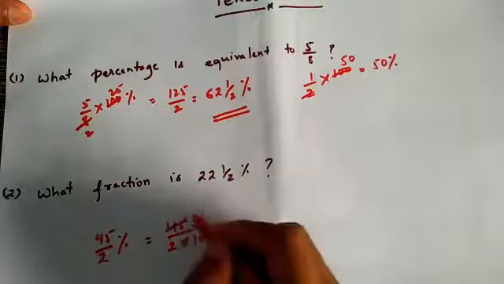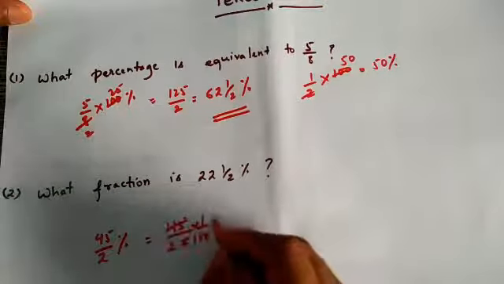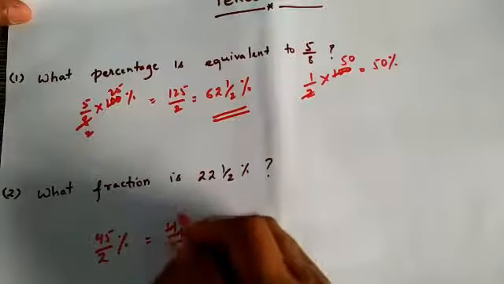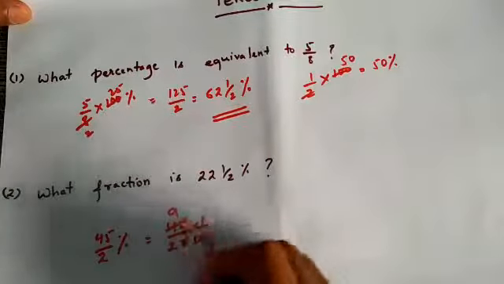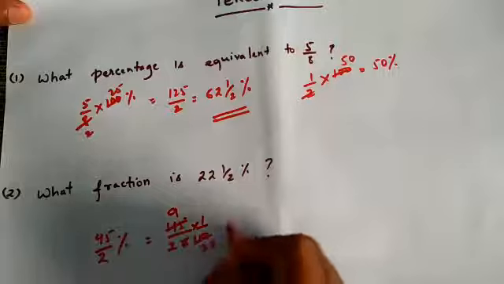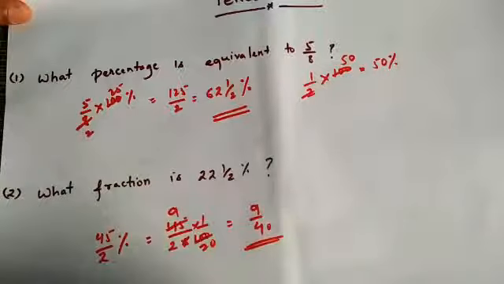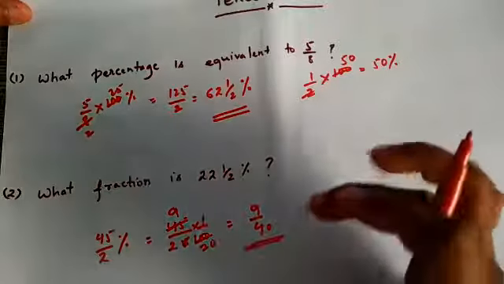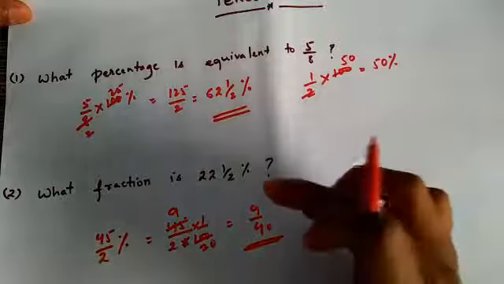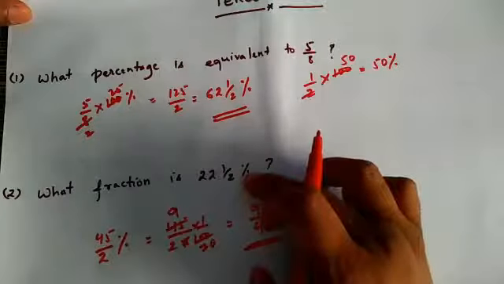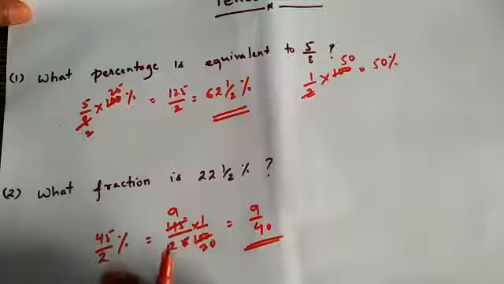That is 45 by 2 into 1 by 100. 45, that is 9 times 5, and 100 is 20 times 5, so that is 9 by 40. The required fraction is 9 by 40. It's very much easy. Whenever you have to convert percentage, you just divide it with 100.